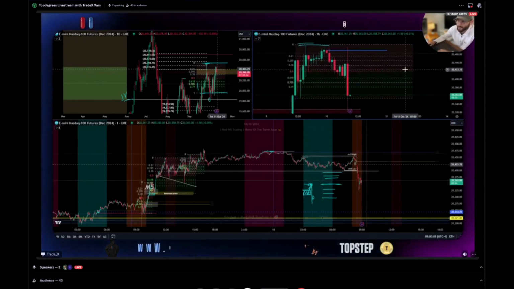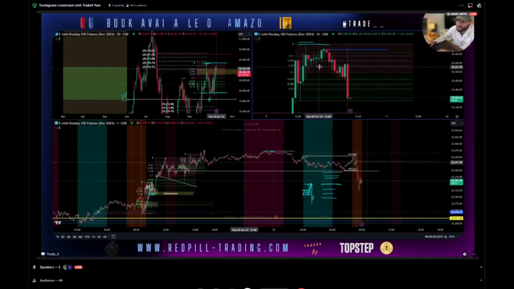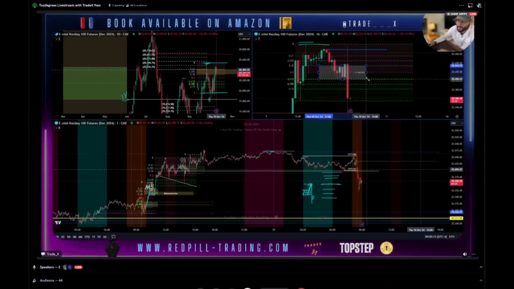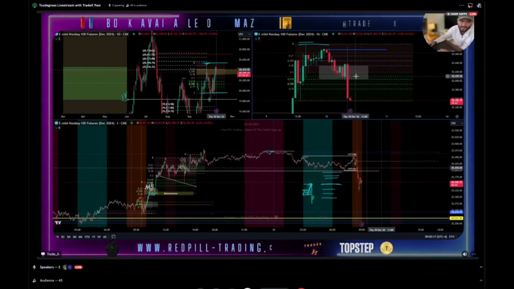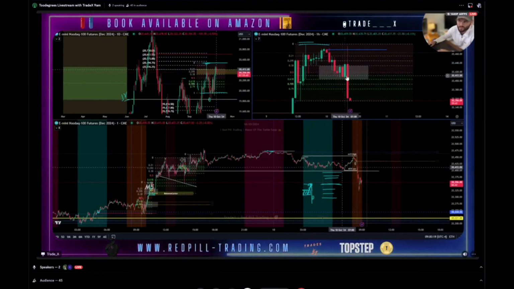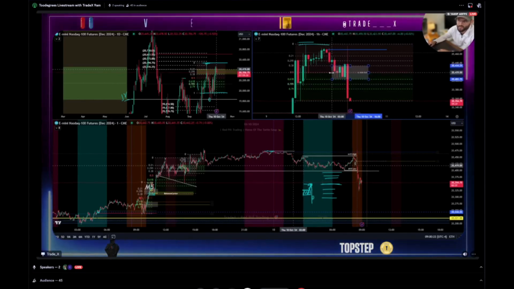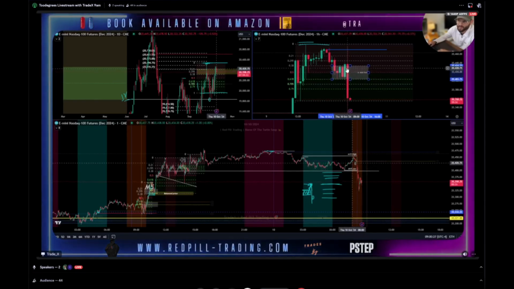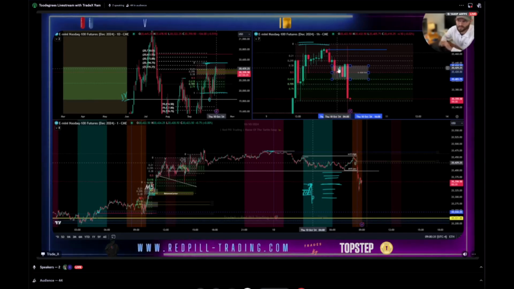So inside of here, a little general rule of thumb is in between 38% and 62% of any dealing range is where you're likely to get price distortion or accumulation. So if you ever find yourself in between 62 and 38% of a dealing range, it's like a blanket sit on the sidelines.